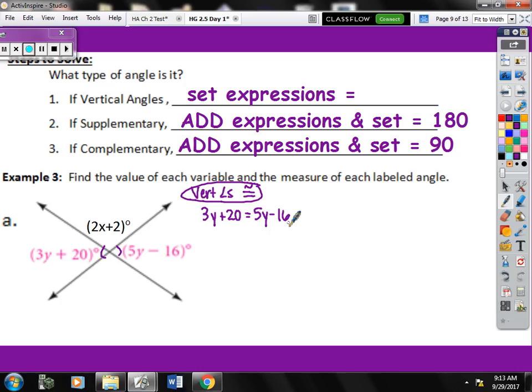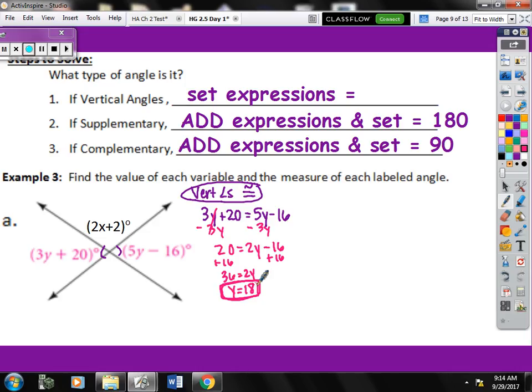You'll probably want a calculator out to substitute it back in, just to save you some time. So pretty much everyone getting y equals 18, which is what you should get.